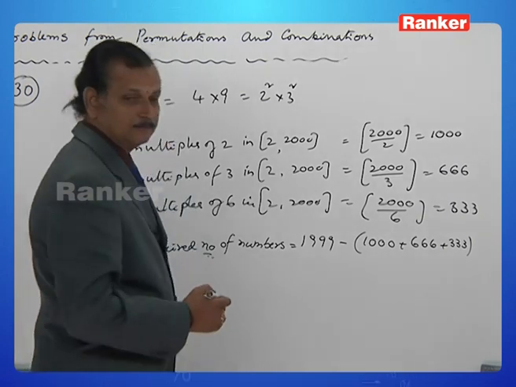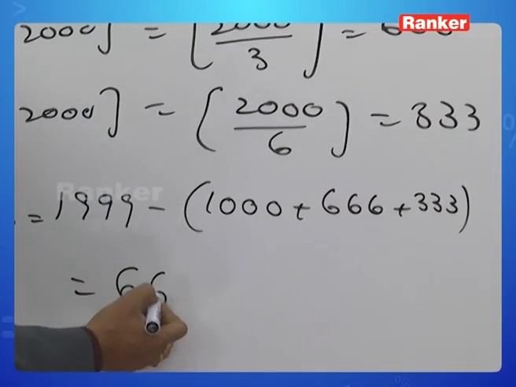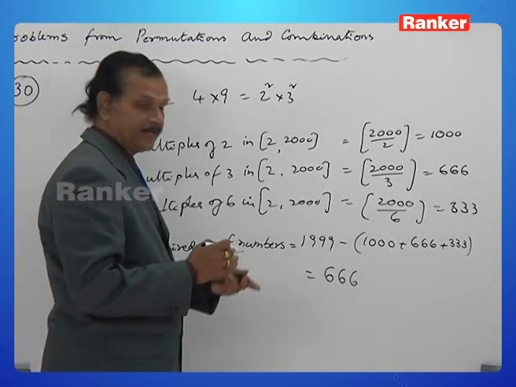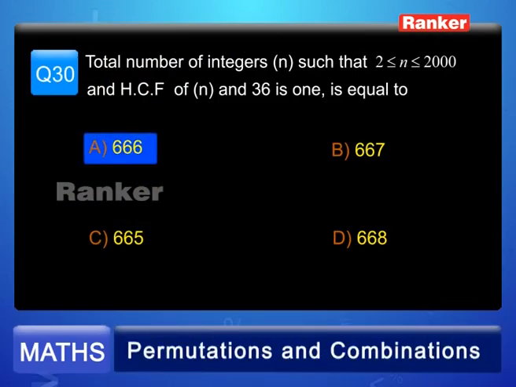You avoid all of them. What are you going to get? 666 is the right answer. Therefore, among the given options, the first option is of course the right answer.